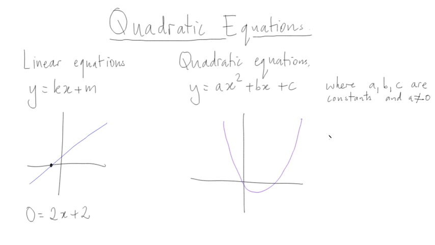And if I want to find the solution to this equation, for example, 0 equals x squared minus x plus 1, then the solutions would be where the graph passes through the x-axis. And you can see the difference between a linear equation and a quadratic equation is that you can have two solutions, two places where the graph goes through the x-axis.